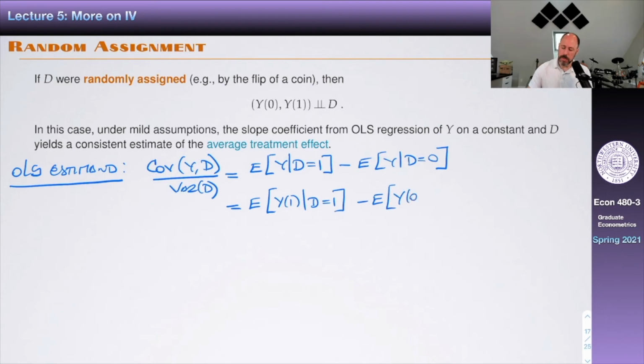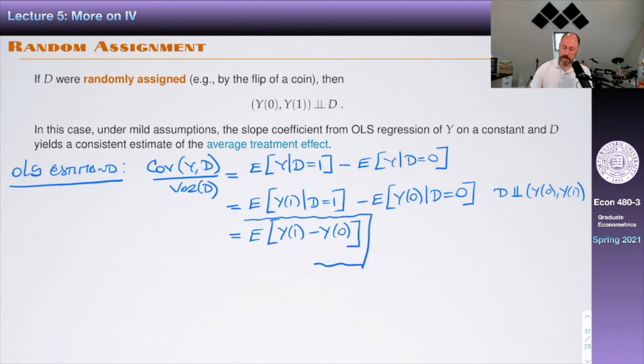And when d equals 0, y is just y0. But then remember that d is independent of the potential outcomes. So this conditioning doesn't accomplish anything. So this is just the expected value of y1 minus y0, which is the ATE.